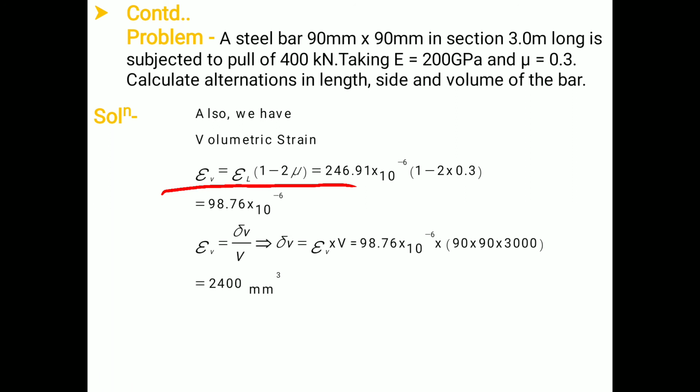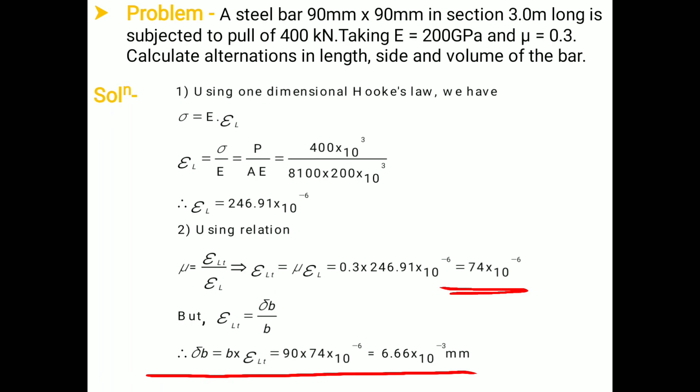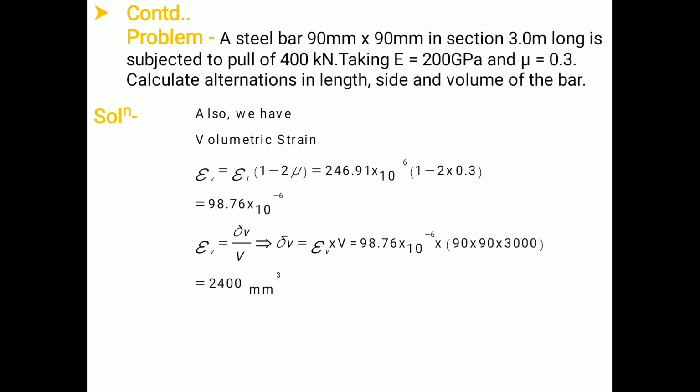So in this manner, by using the concept of Hooke's law for one dimension and the concept of Poisson's ratio, we have found the value of alteration in length, that is epsilon L, alteration in side, meaning delta B, and alteration in the volume of the bar, that is epsilon V.